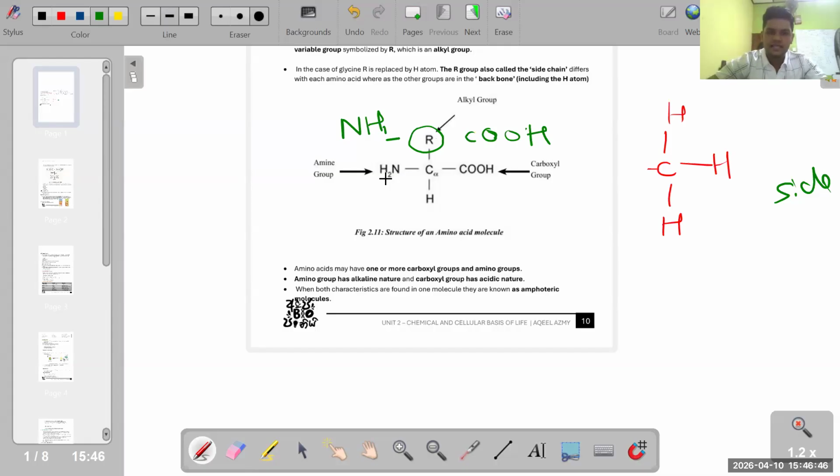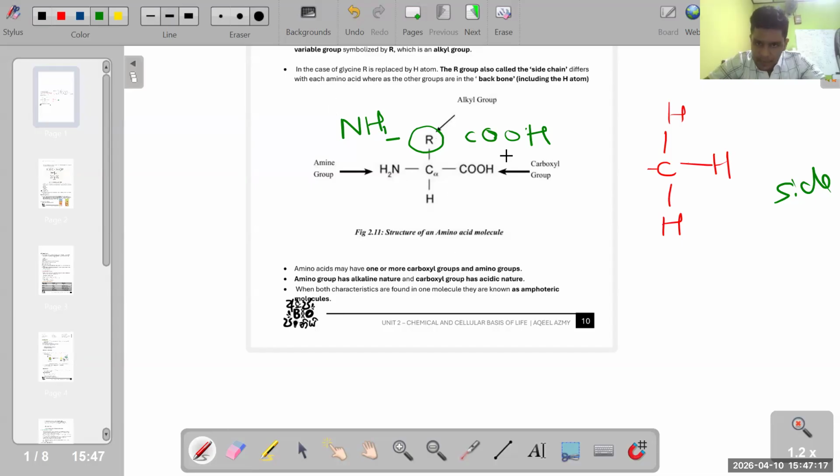As the amine group is present, the amine group is basic, it has a high pH, right? Just because the amine group is present, the amino acid also gets a basic nature. Is that clear for all? All students, please make sure to give me a response. If it's clear, yes. No means no, I'll explain. Yes, clear. Very good.